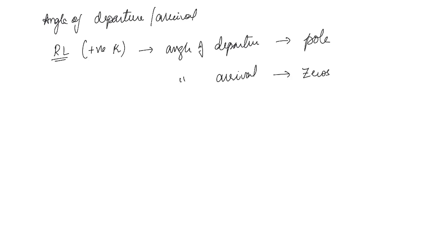Why? Because for positive values of K, the root locus direction is from pole to zero. So at the pole the root locus will depart and at the zero it will arrive.